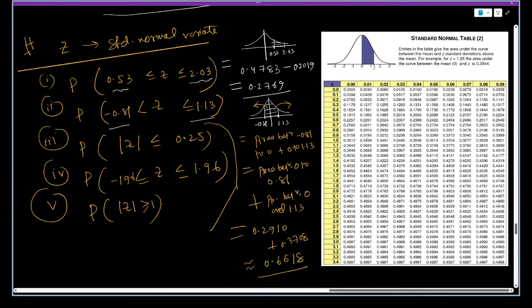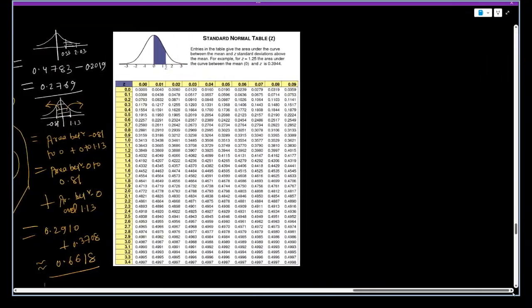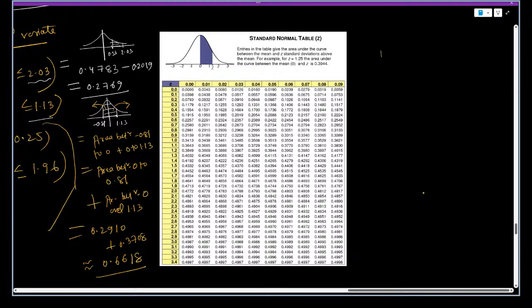Actually, when you are solving this kind of numerical problem, you will face this kind of situation. How do you find the probability that mod z is less than or equal to 0.25? Mod z less than or equal to 0.25.